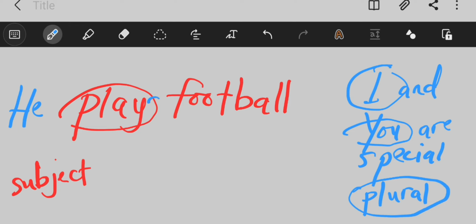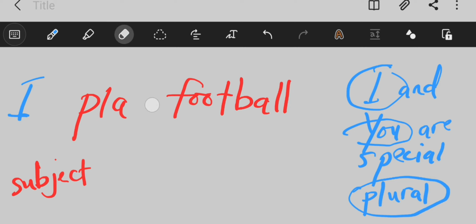You have to put an s in the verb. Remember that. He plays football. If it is I or you, you don't have to put s in the sentence. So I play football. Same goes for you. You play football. Special case, I and you. Okay.